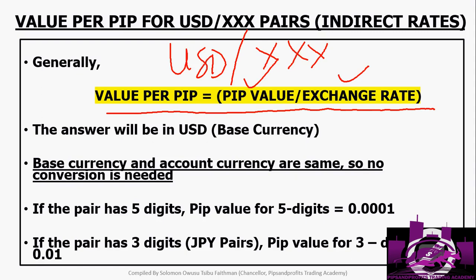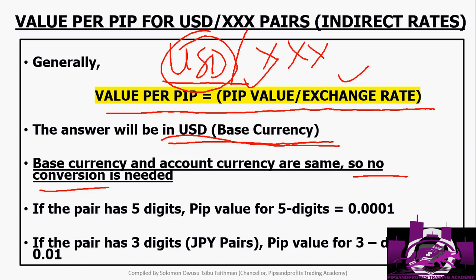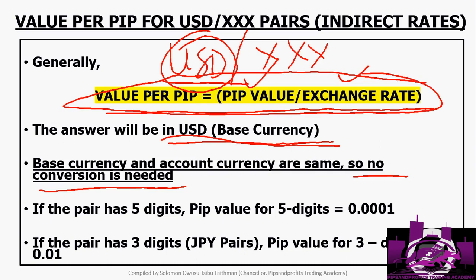So at this point, our base is US dollar. Since the base currency is US dollar, there is no conversion over here. So we are not going to multiply again by the exchange rate. This one takes the raw general formula.